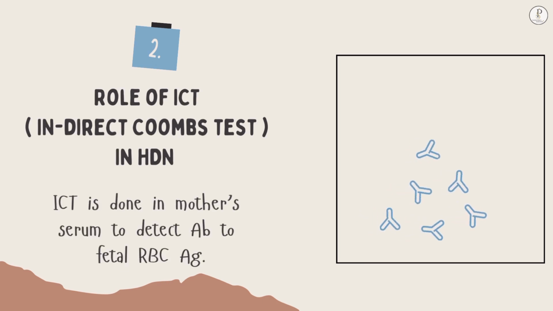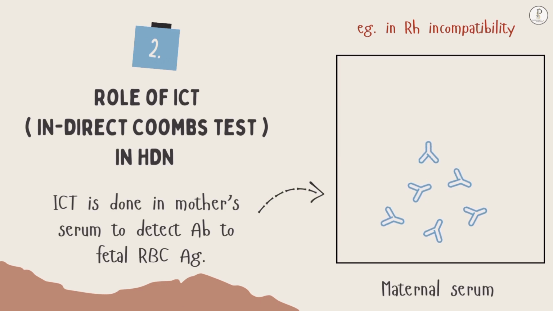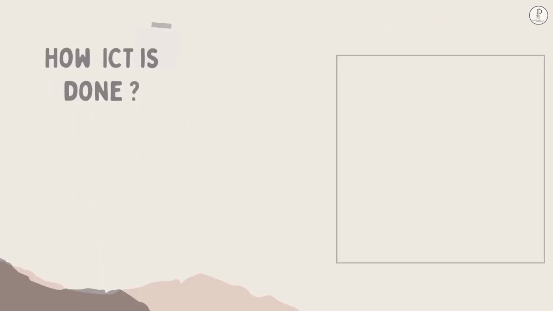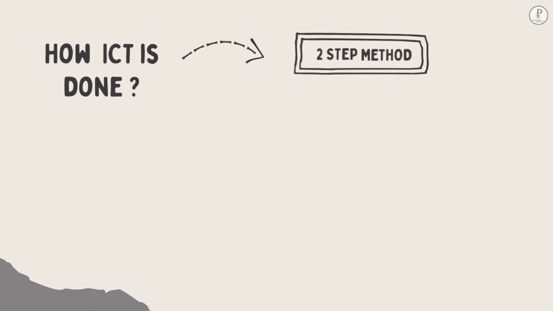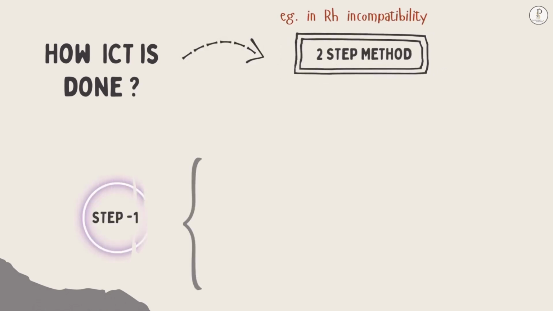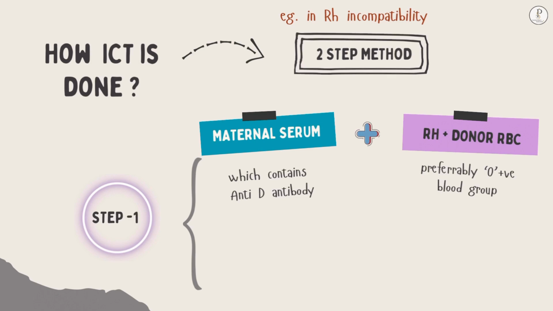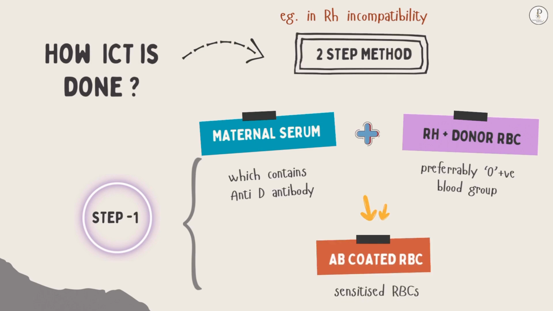ICT is done in mother's serum to detect antibody to fetal RBC antigens. How is ICT done? It is done by two-step method. For example, in RH disease, in the first step, mother's serum with anti-D antibody is taken, which is mixed with RH positive donor RBC, preferably O positive RBC with RHD antigen.